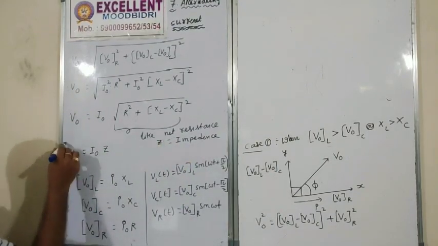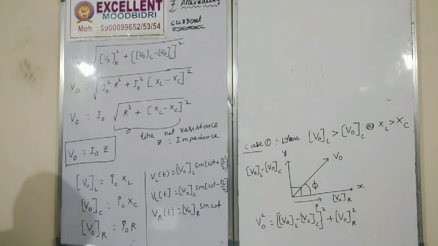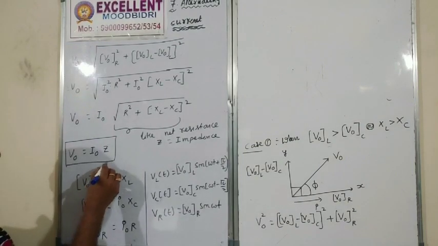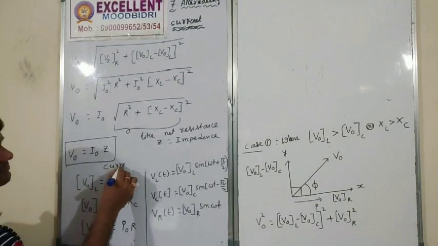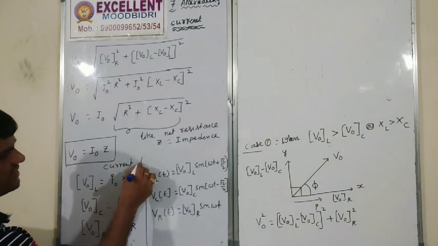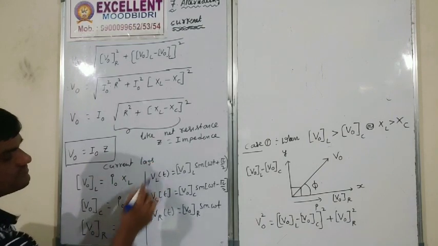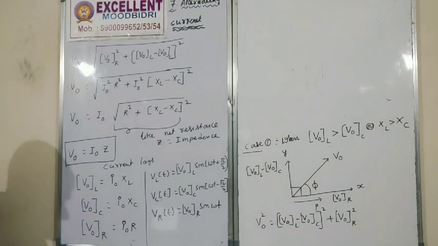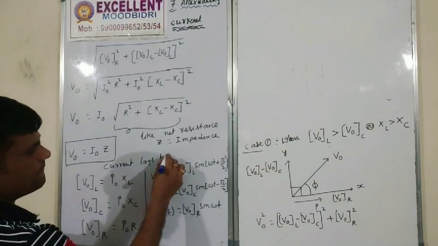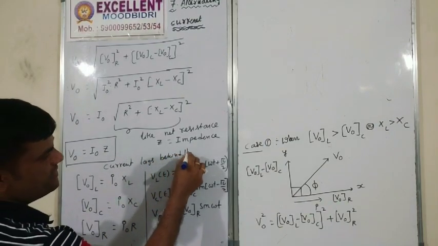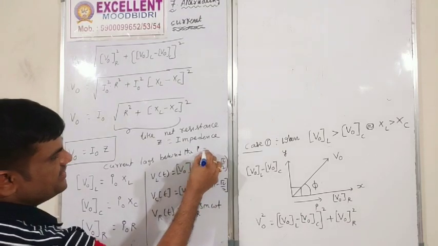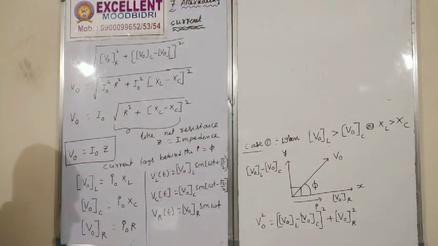So this is the V naught formula. Therefore, current lags behind the potential by phi. Correct?